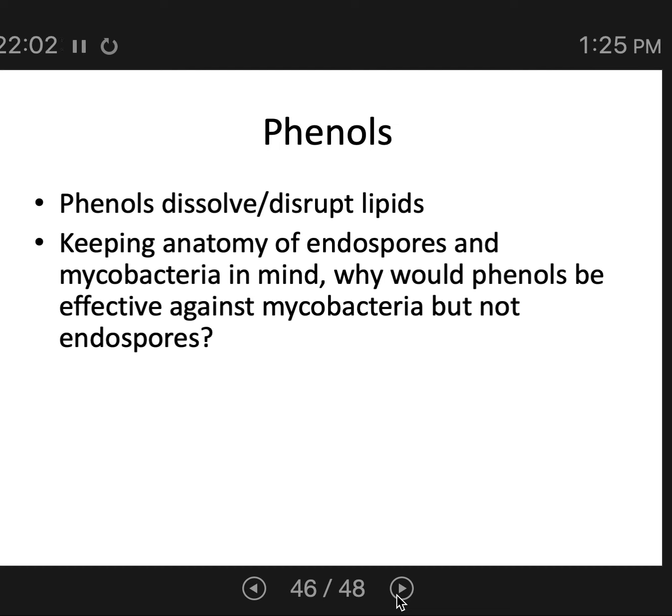But both mycobacteria and endospores have a shield to prevent chemicals from getting into the cell membrane. So before the phenol can act on the cell membrane, it has to penetrate this outer protective layer. What is that protective layer for mycobacteria and endospores? And how would phenol penetrate one versus the other?